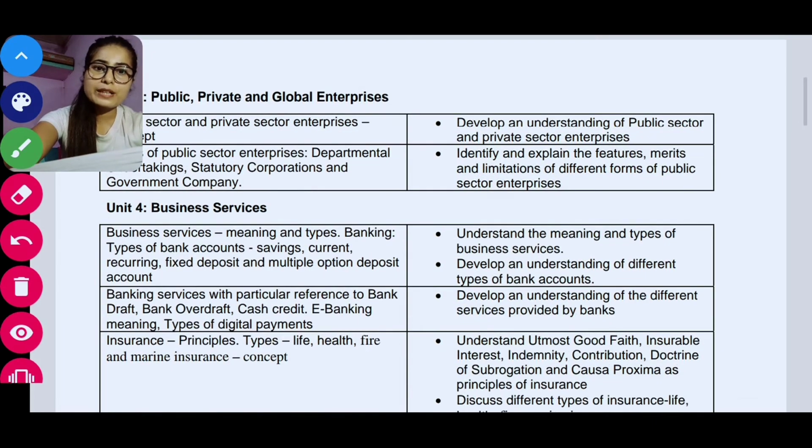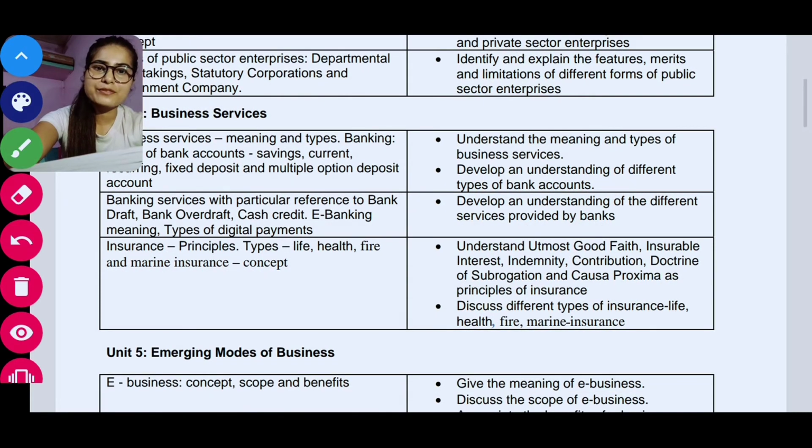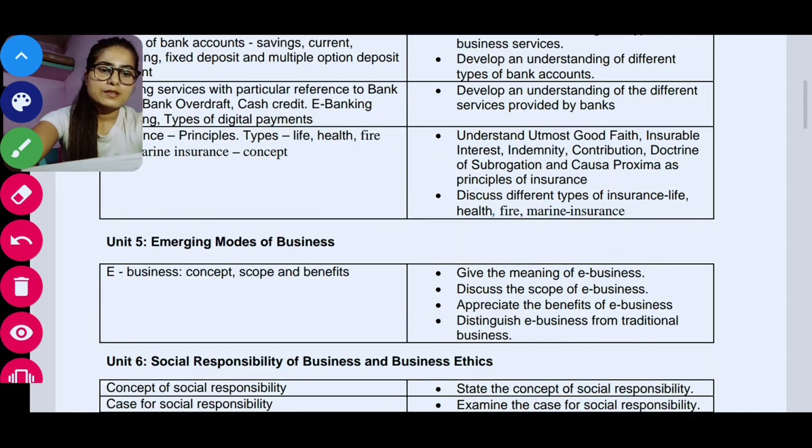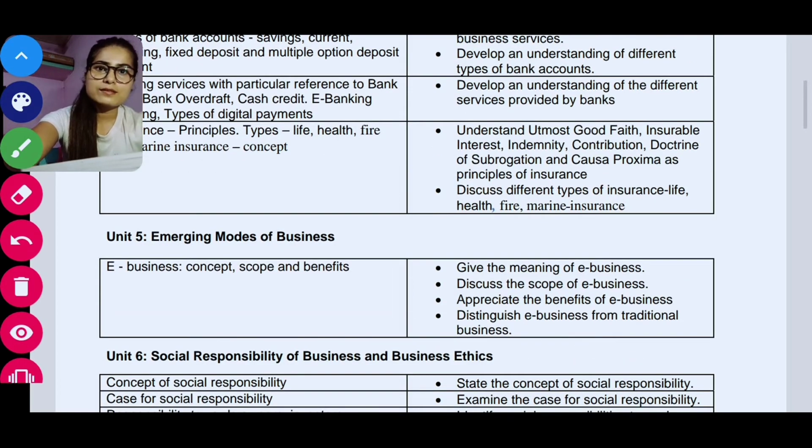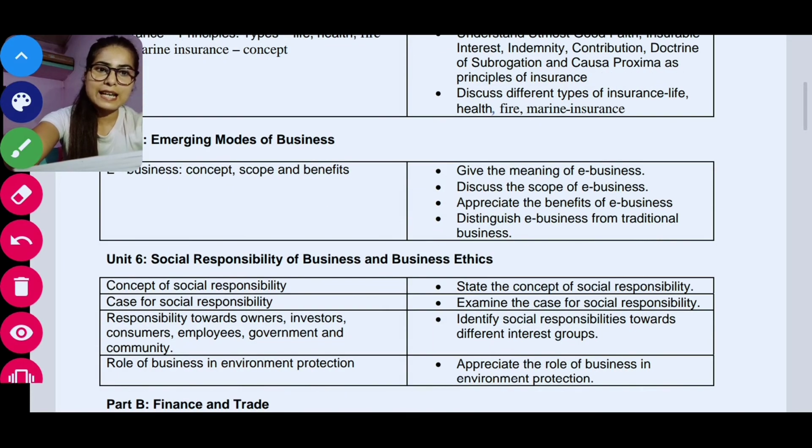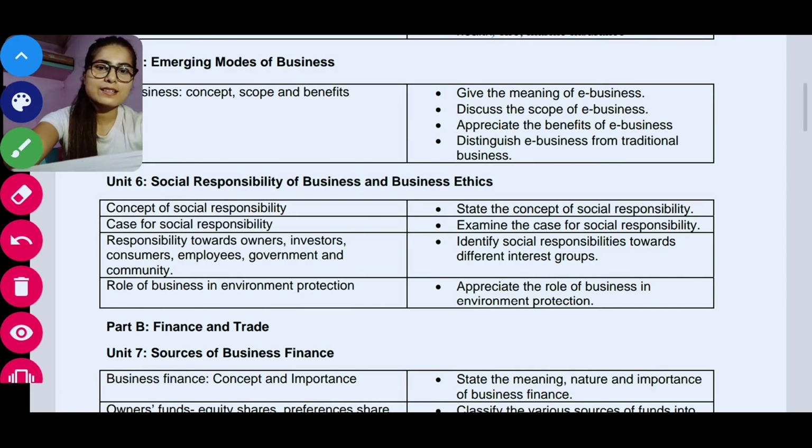From unit 4, again the last one: the last one is insurance, but after insurance there was a postal service chapter which is not needed now. From unit 5, again the last chapter, business process outsourcing, BPO, is taken away, not needed now. From unit 6, again the last chapter, business ethics, is reduced, not needed.